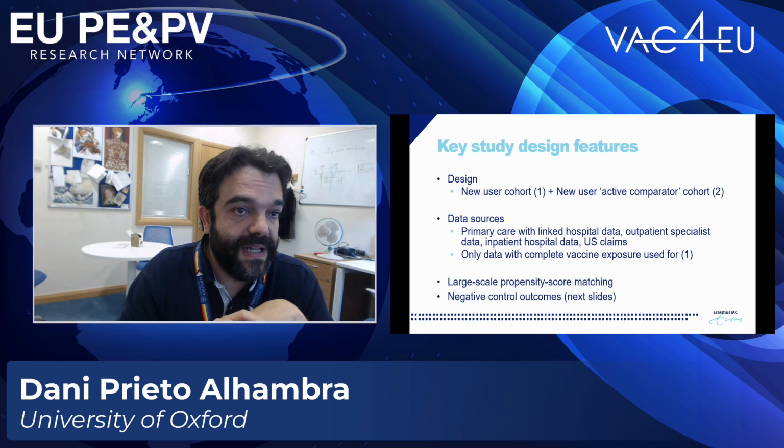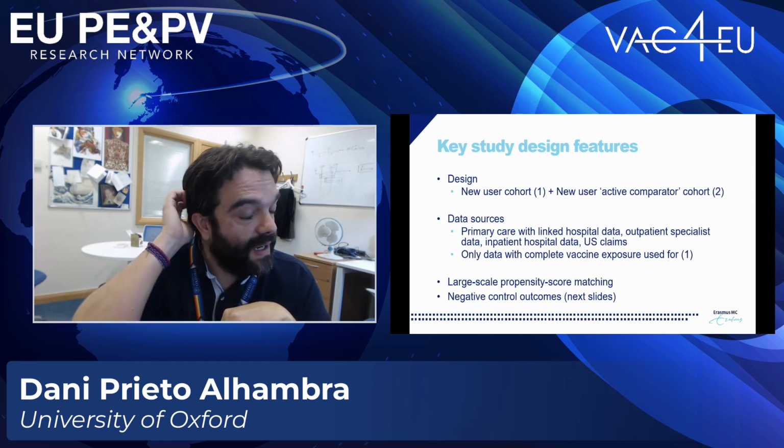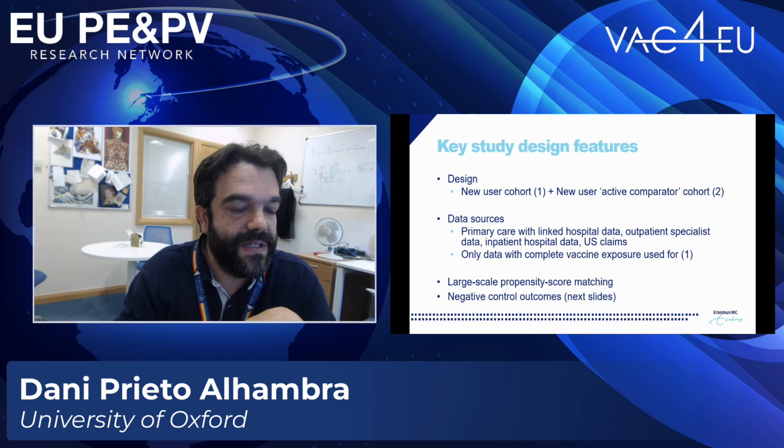But for objective 1, where we really needed to make sure that unvaccinated persons meant unvaccinated time of persons, we only looked at databases with complete vaccine exposure. For confounding adjustments, we use large-scale propensity score matching, and then we use negative control outcomes, which I will cover in the next slides, for a couple of things. Next slide, please.